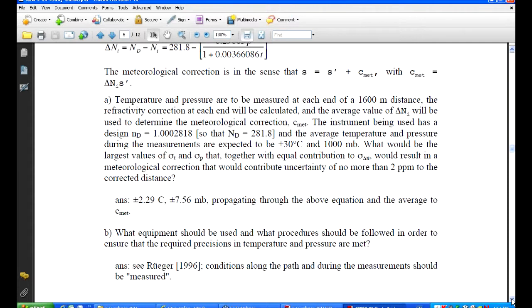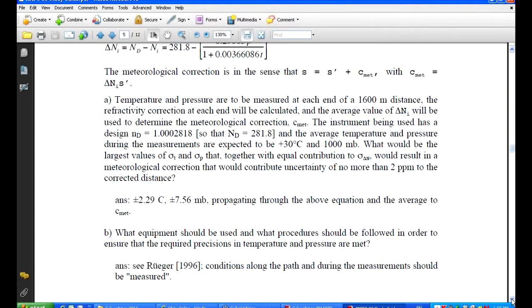If we talk about accuracy rather than precision, then we have to be sure that the temperature is really the temperature and the pressure is really the pressure. So that means calibrating the thermometer and calibrating the barometer that's being used, and also recognizing the fact that when we do measurements, even if it's only at the two ends of the line and take the average, we have no guarantee that what we have sampled there is what the radiation has experienced.